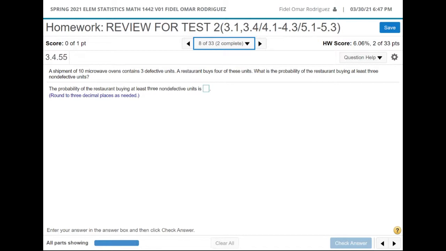And we're going to buy 4 of them. And we're looking for the probability that we have at least 3 non-defective. Okay, so guys, let me show you the process and how I'm going to do this problem.